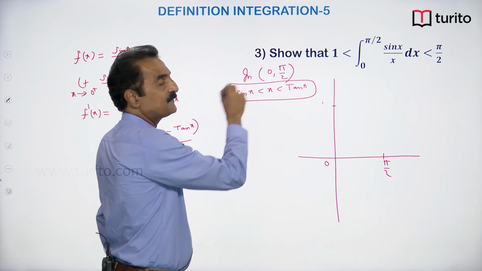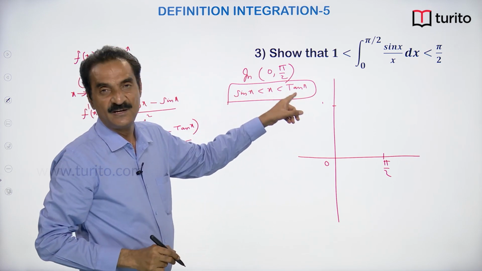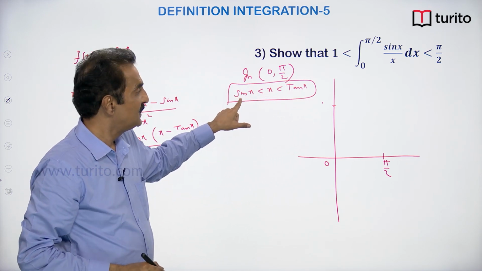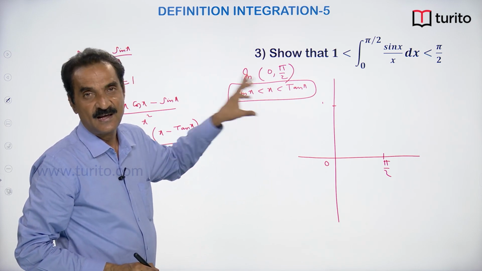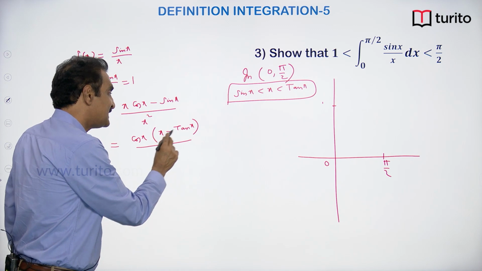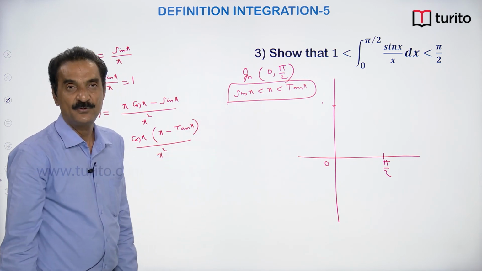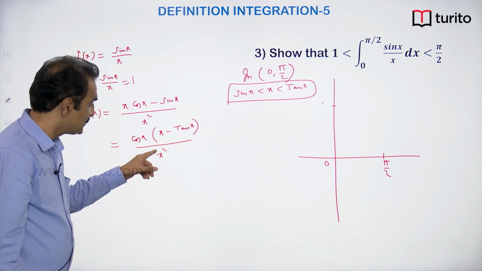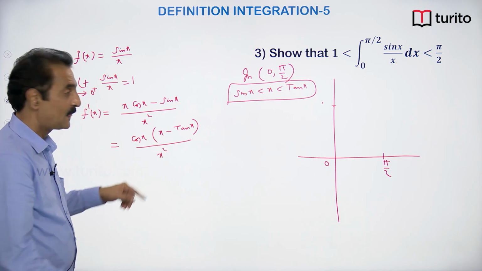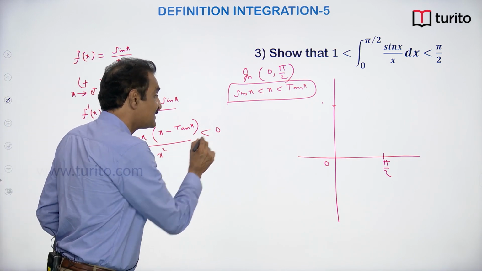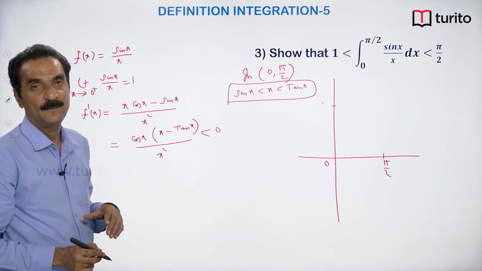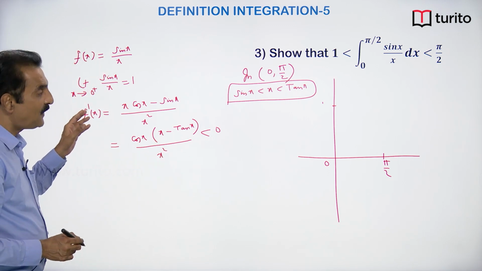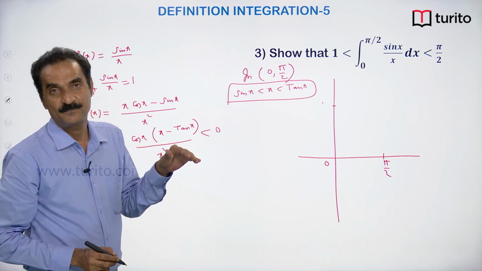You draw the graphs of these three in the interval 0 to pi by 2 and observe. So, x is less than tan x in this interval. So, this is positive, but this is negative. So, f dash x is less than 0, positive into negative is negative. Then f of x must be a decreasing function.